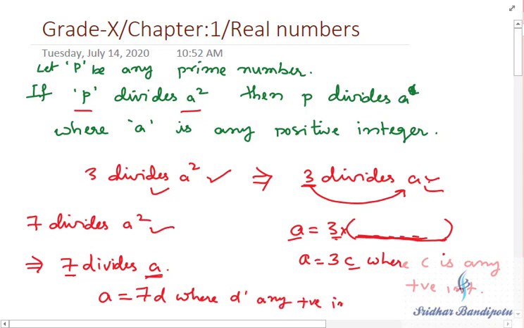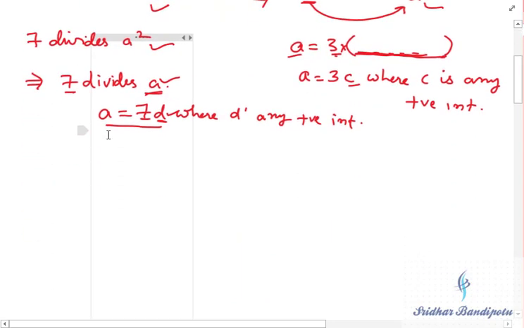Is it clear, everyone? How am I writing a equals 7d? When I say 7 divides a square, in the prime factorization of a you can see one of the factors is 7. Not only 7, some other prime numbers will also be there. So the product of the remaining prime numbers I am taking as d. This is how we can utilize the third theorem in the first chapter.